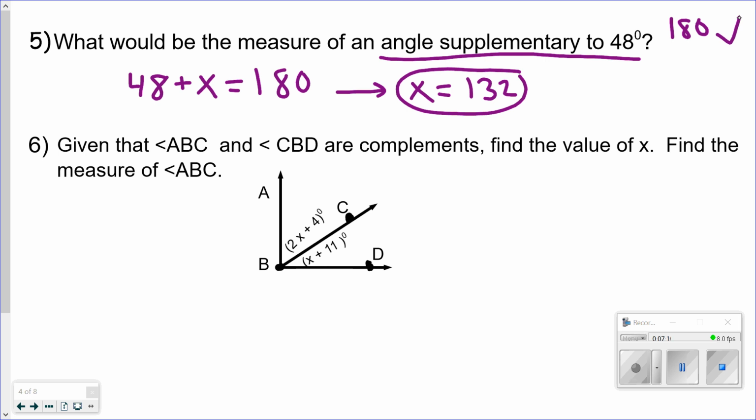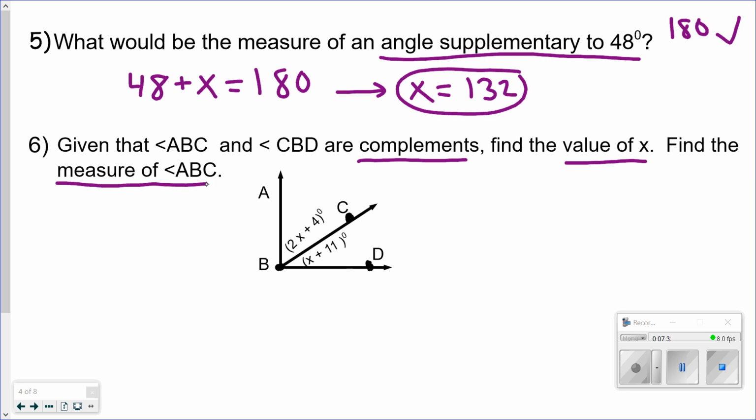Number 6, if we're given that angle ABC and angle CBD are complements, that just means they're complementary. Find the value of x. After you find the value of x, find the actual measure of angle ABC.